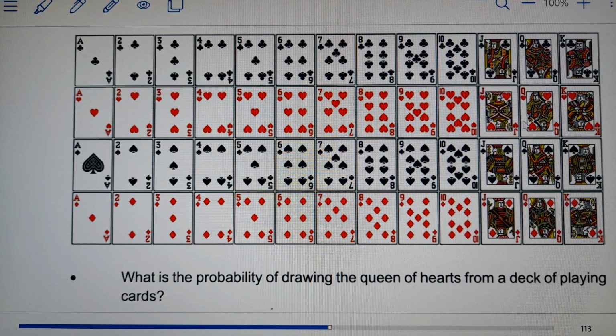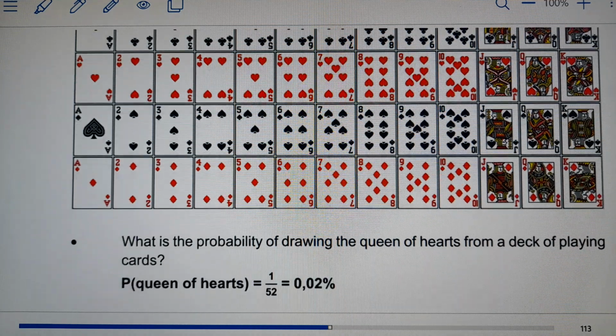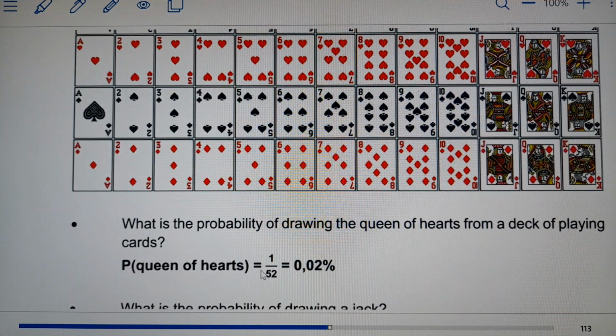How many Queens of Hearts do we have? 1. That is the favorable outcome. And then what is the total number of cards or possible outcomes? It's 52. So the probability of drawing a Queen of Hearts is so small. Okay, it's so improbable, almost impossible that we draw a Queen of Hearts.